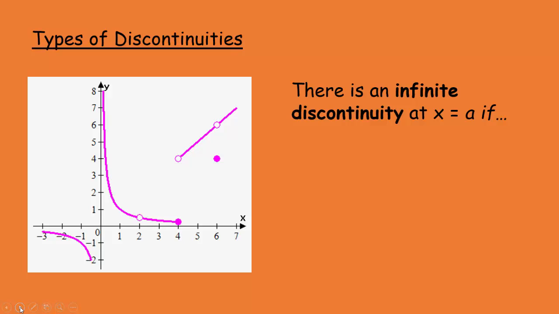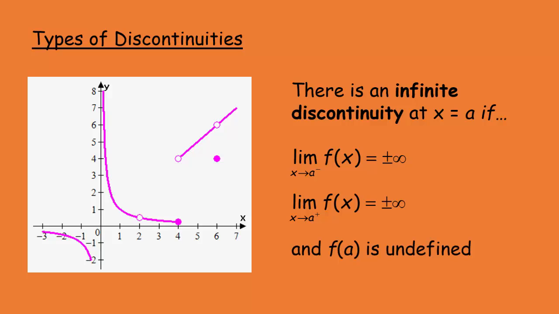So we're going to say that there is an infinite discontinuity at x equals a if the limit as x approaches a from the left is either positive infinity or negative infinity. We also need the limit as x approaches a from the right to be either positive infinity or negative infinity. And we also need f of a to be undefined.